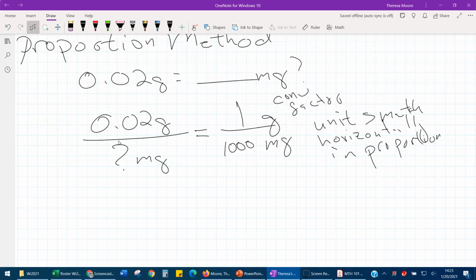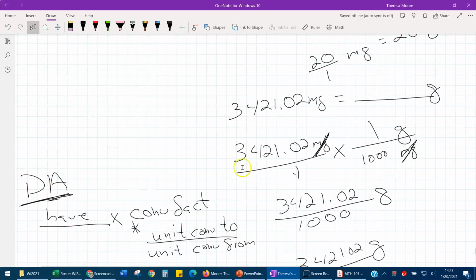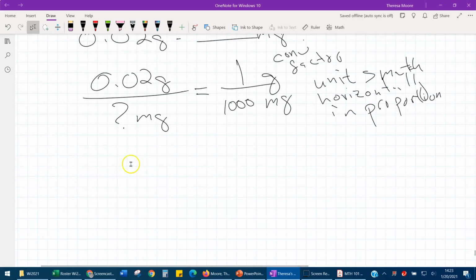So do not get your proportions confused with multiplying fractions. Remember, multiplying fractions, you multiply across the top and then across the bottom. But with a proportion, we cross multiply. Think of it as diagonal multiply.